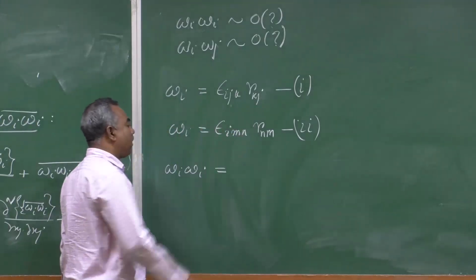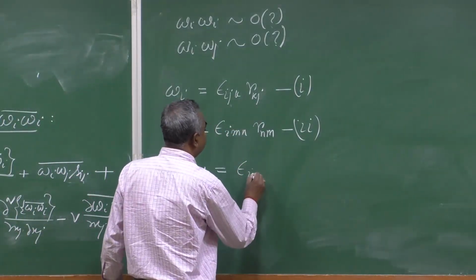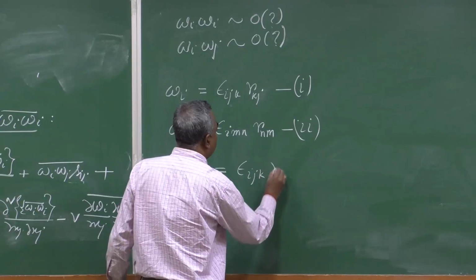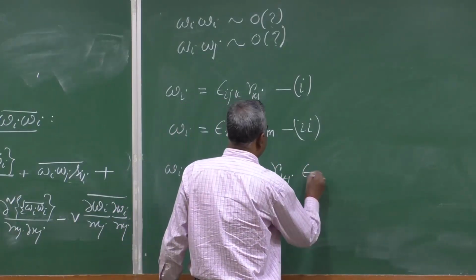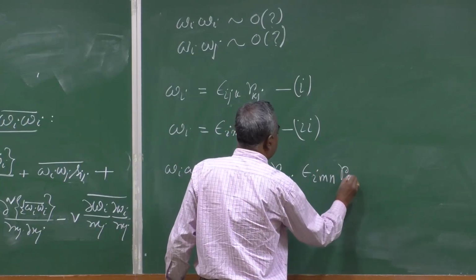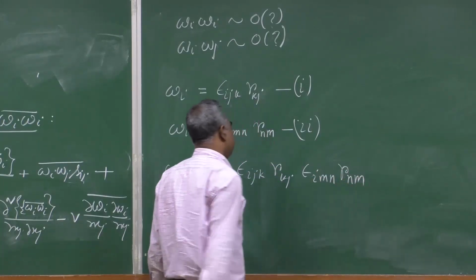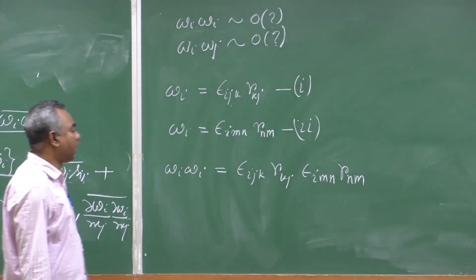On the right-hand side you will get epsilon I j k r k j, epsilon I m n r n m. Okay. So, this is what we can write.